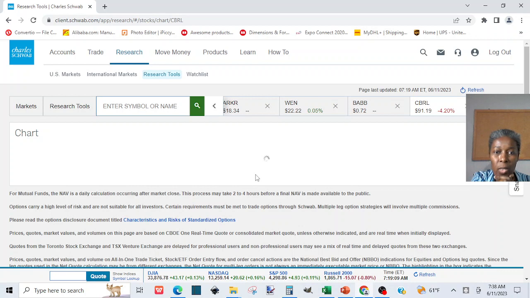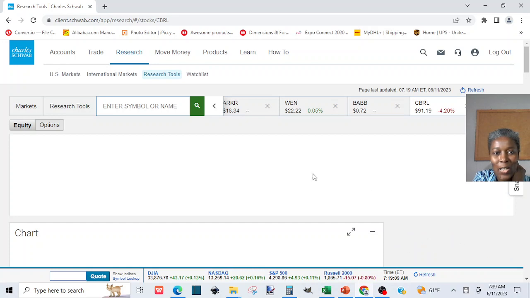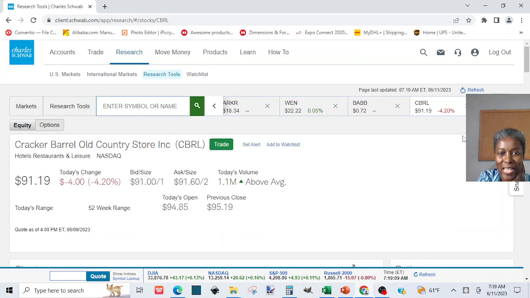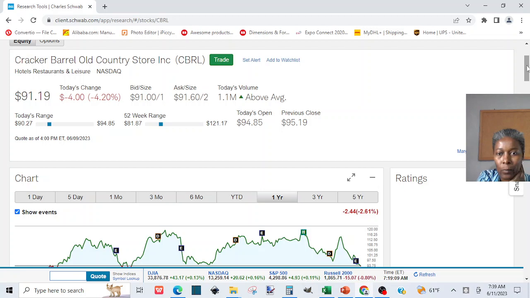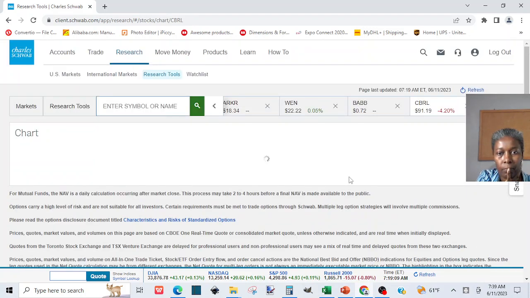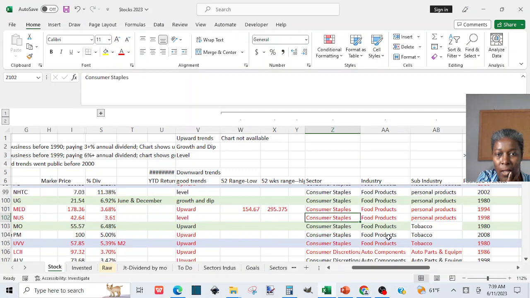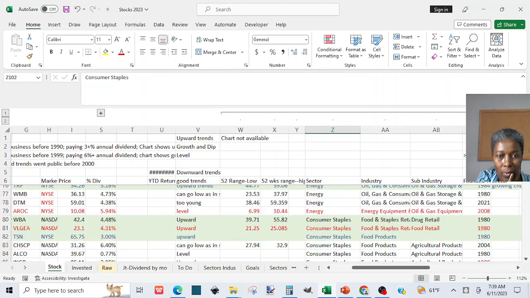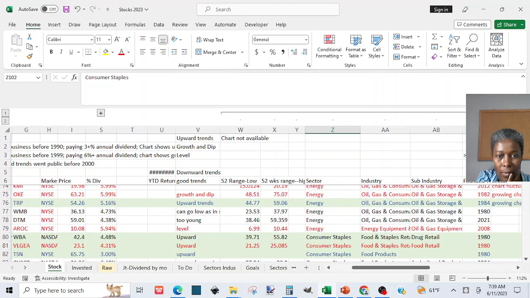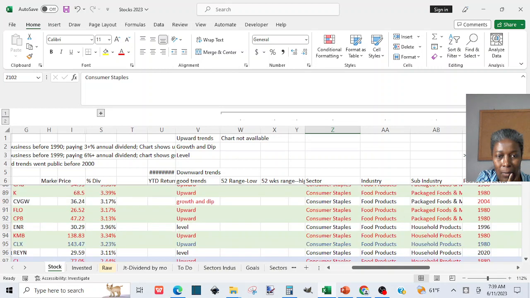So I would say that at this point, the website is tired of giving us information. And it does do that sometimes. When I'm doing it for a while, the chart tab may not work for me, and sometimes I'll just put chart not available, if it does not open. Yeah, I come across a few like that.